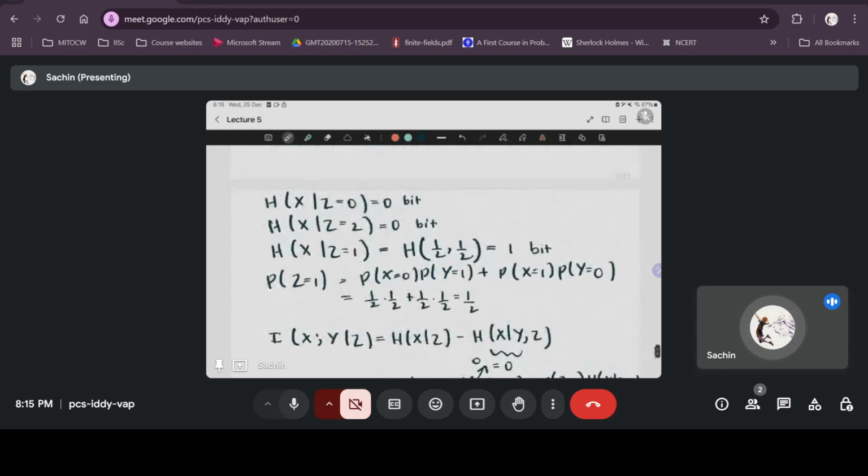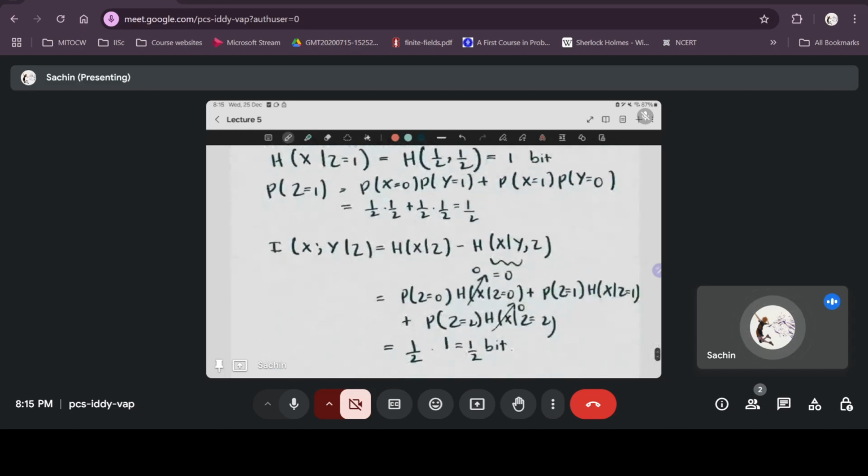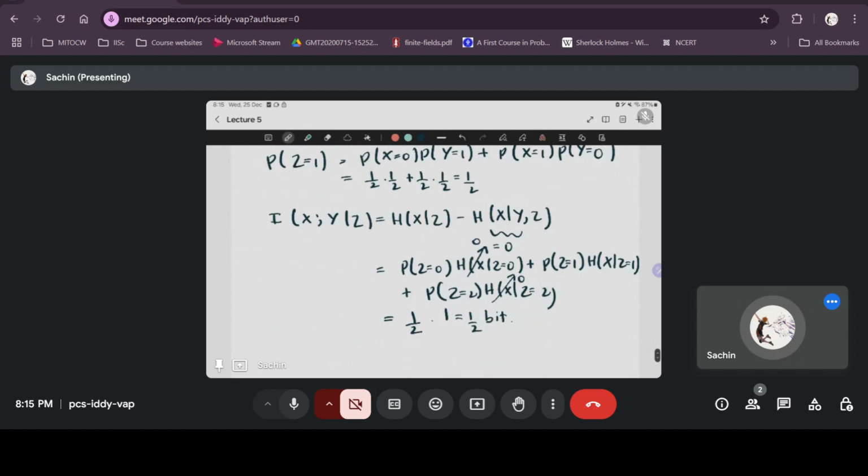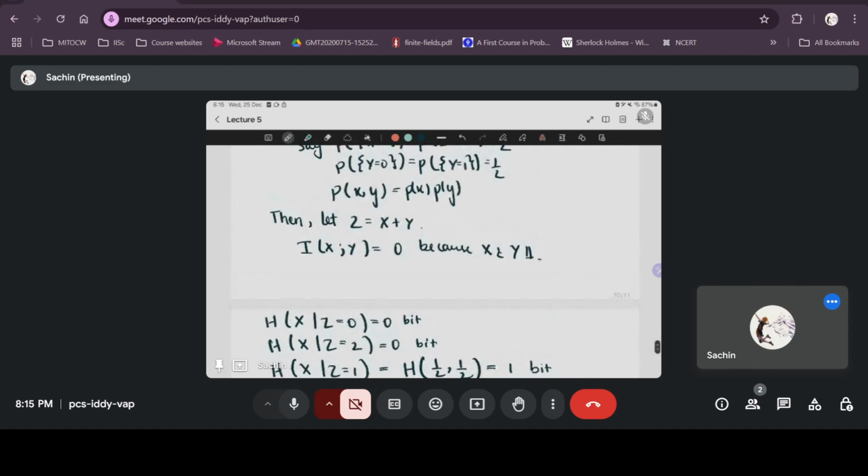As you can see here, I of x;y is 0, but I of x;y given z is half, which is greater than I of x;y. So since here x, y, z don't form a Markov chain, it is possible that I of x;y given z is greater than I of x;y. When we talk about uncertainty, the entropy, it is always true that H of x given y is less than or equal to H of x.